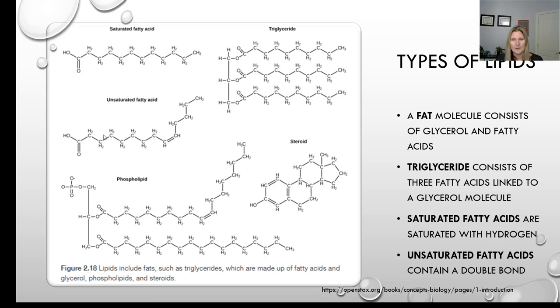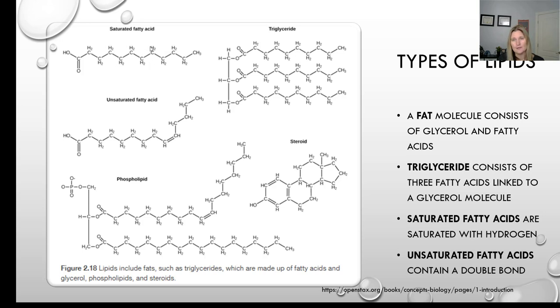Now if we take a look at these two fatty acids, saturated versus unsaturated, what do you notice is different between them? They both have the same starting structures. They have a carboxyl group with a bunch of carbons and hydrogens, but then look at what's going on over here. In the unsaturated fatty acid, we have a double bond between two carbons, and because of this, we have fewer hydrogens.